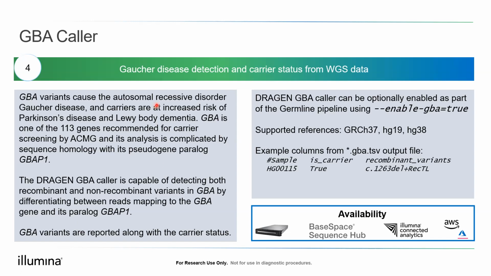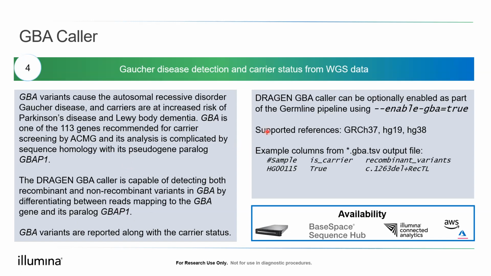The reason we need a targeted caller is that the analysis gets complicated by sequence homology, because it has a pseudogene, GBAP1. The DRAGEN GBA caller is a full-featured caller, capable of detecting both recombinant and non-recombinant variants, and it differentiates between the reads which have mapped to the GBA gene and its paralog GBAP1.